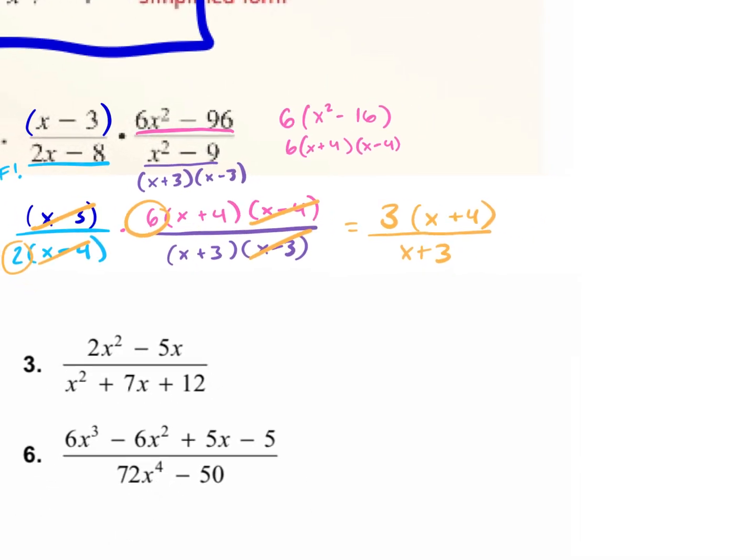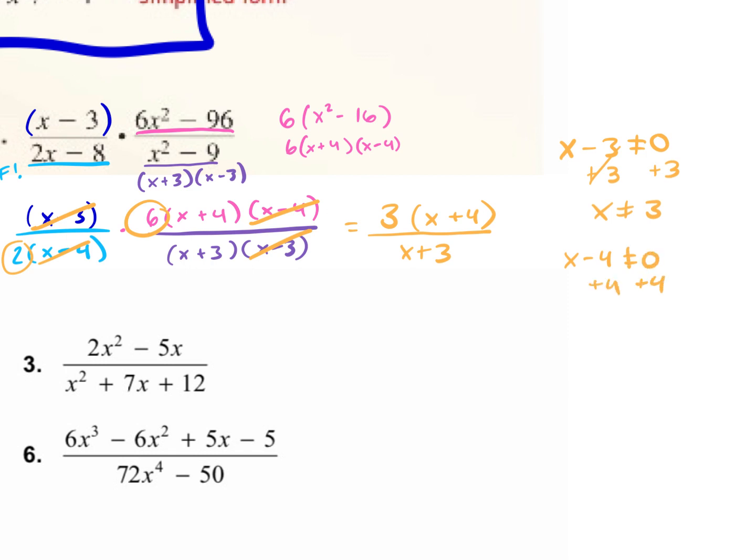What else do I have to do? Awesome. I have to set everything that I canceled out not equal to 0. So x minus 3 does not equal 0. Add 3 to both sides to solve. So x does not equal 3. What else? So we have to set x minus 4 not equal to 0.